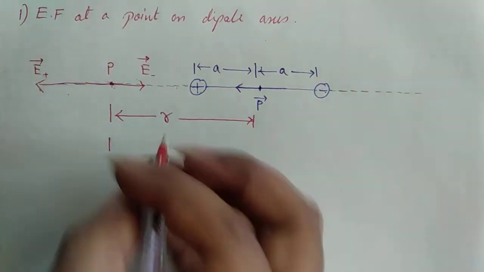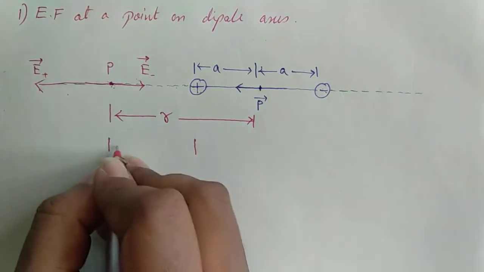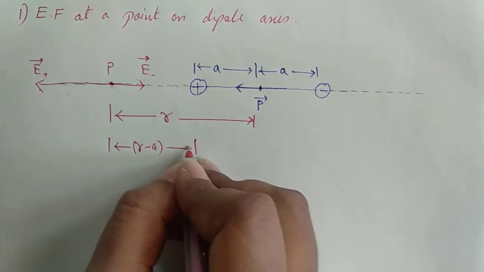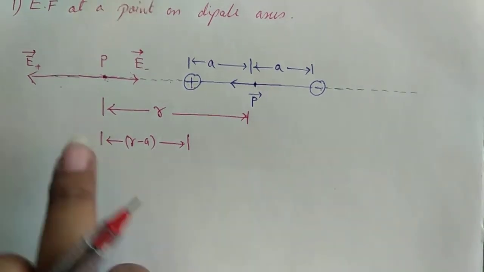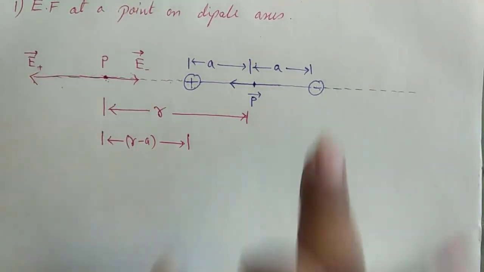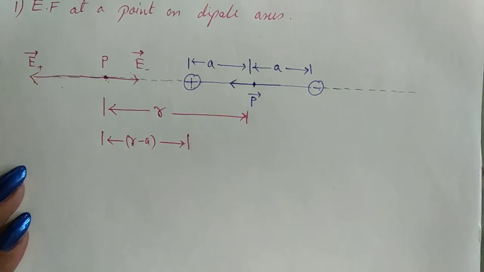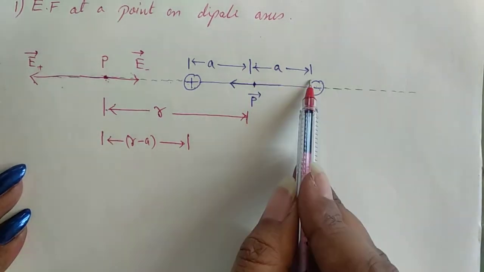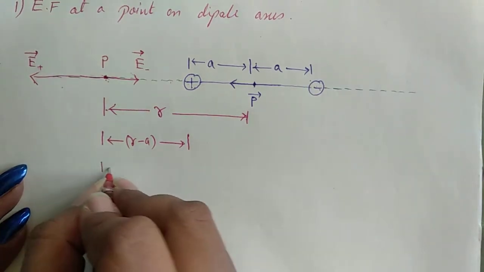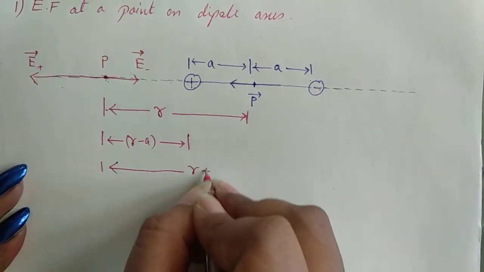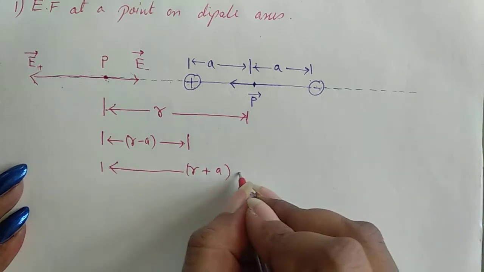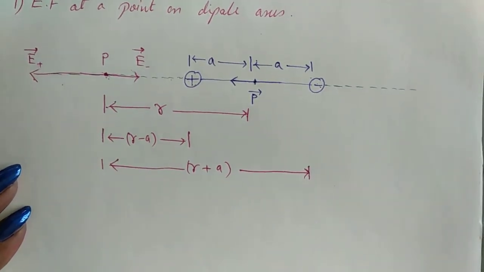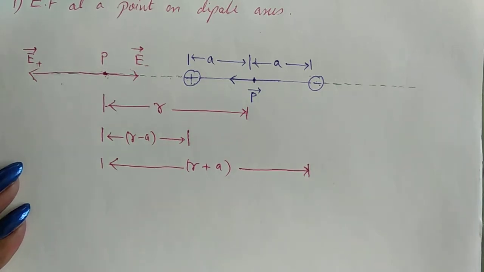So I'll be writing that distance as r minus a. Now we'll write the distance of this point P from the negative charge. So what is that distance? You can see in the figure it is r plus a. So that distance is r plus a. Okay, so now our figure is over. Now we'll start with our derivation.